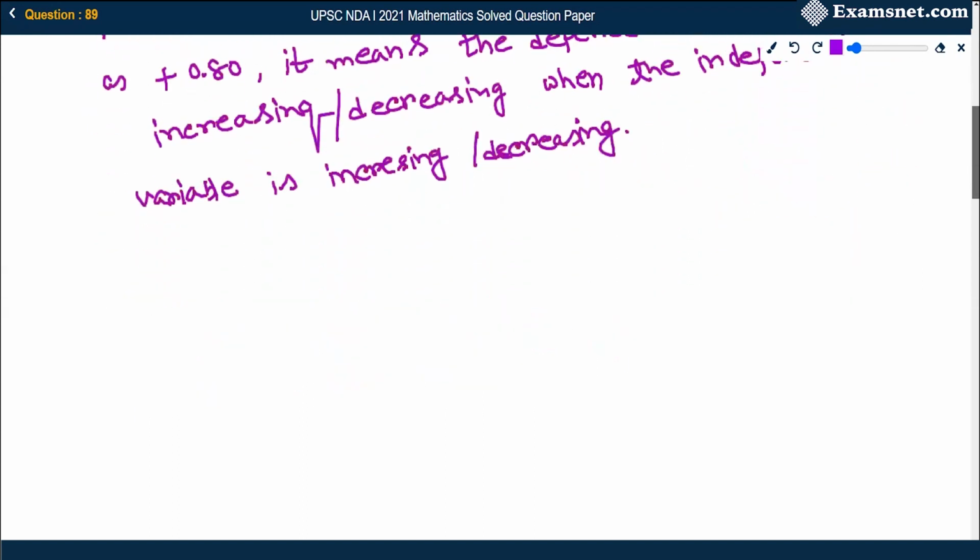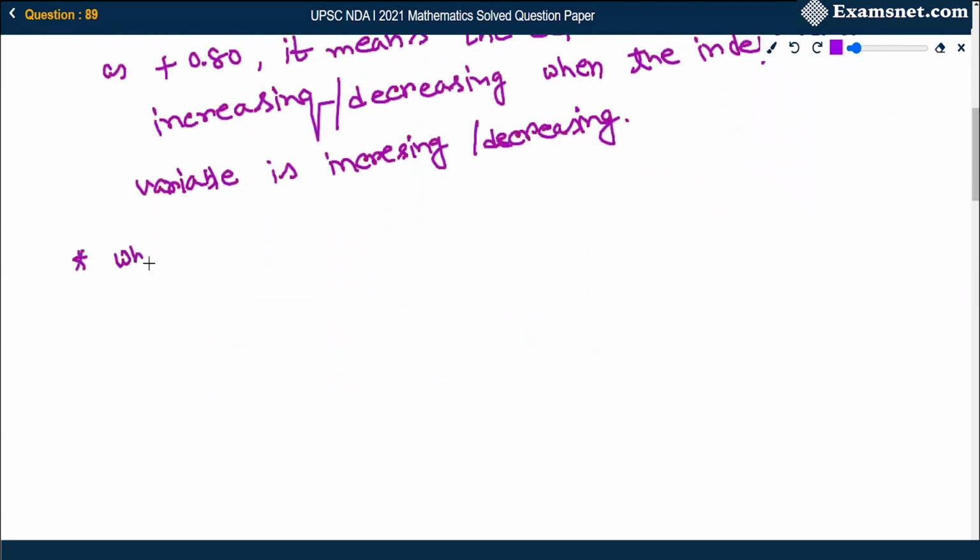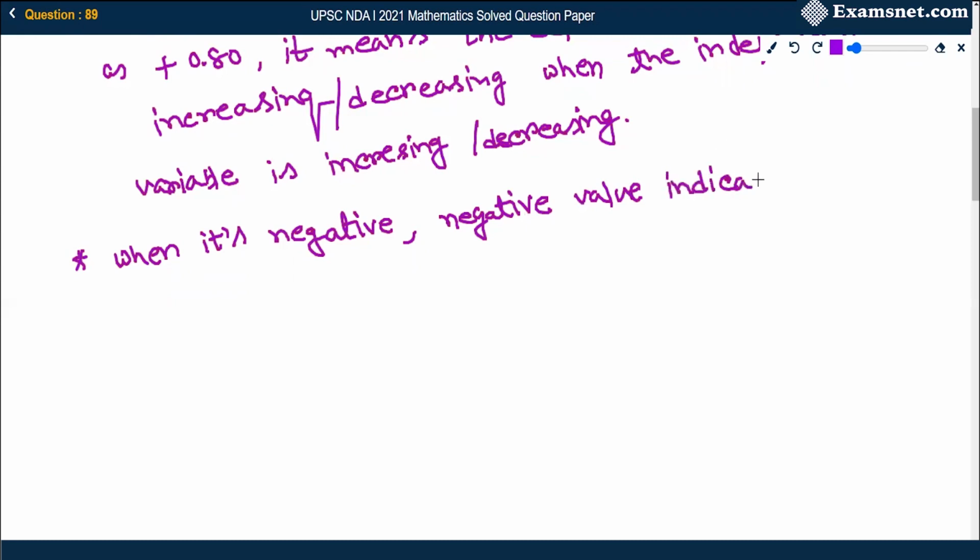But now, when the correlation is negative, okay, when it's a negative value, it indicates an inverse association.